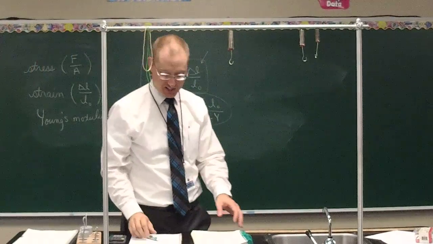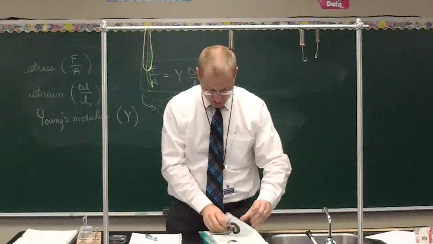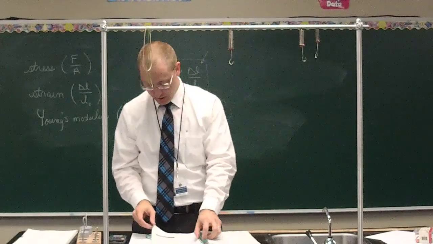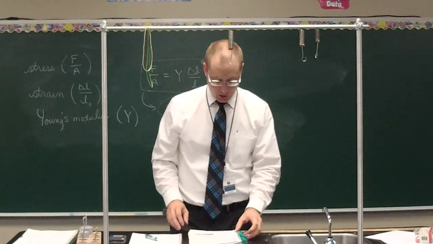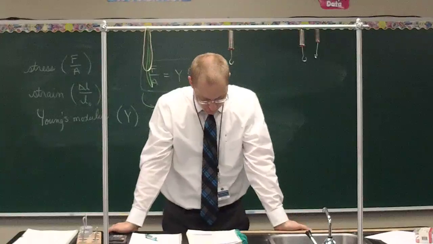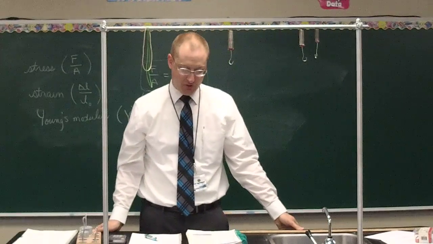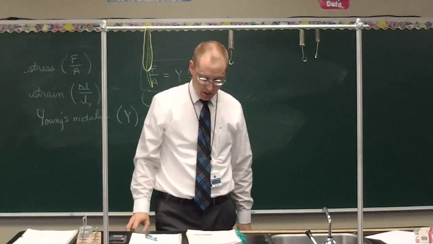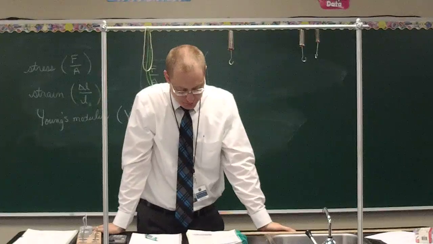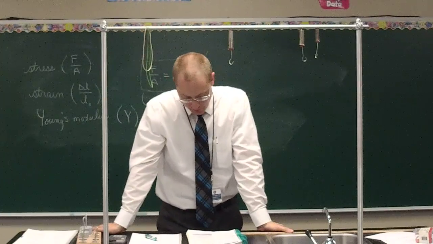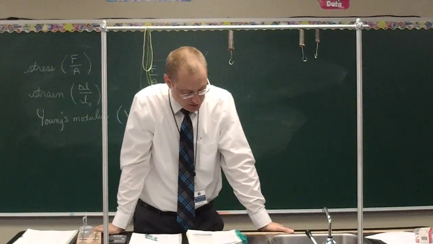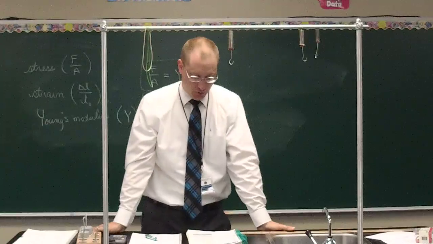Look in your books if you would, page 73. Page 73 in your textbooks. And look at the first example problem. It says, find the elongation of a 5 centimeter long tendon with a diameter of 0.4 centimeters if it's subjected to a force of 1,470 newtons. All right, so notice what they did first.